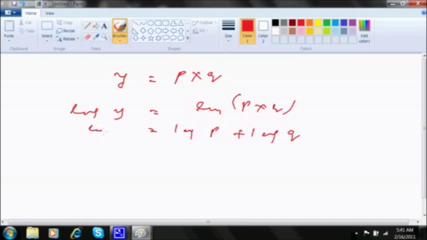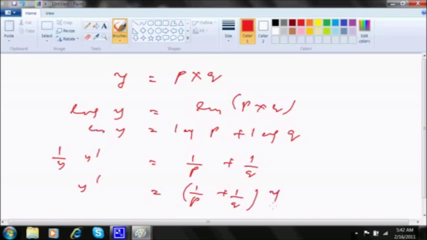So this is 1 by y, y dash is 1 by p plus 1 by q, and finally y dash is whatever 1 by p plus 1 by q into y. And how much was y? y is p into q.